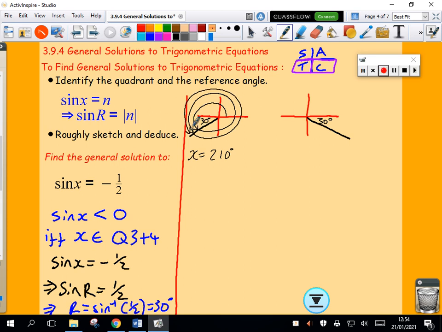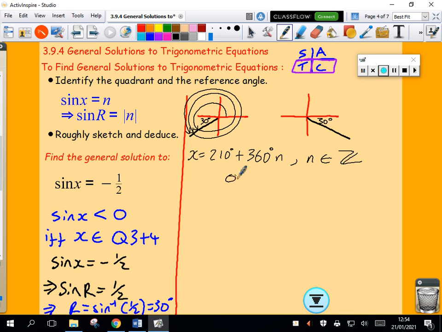And I'm going to hit it every time I rotate 360 around from there. So plus any multiple of 360, which I'm going to write as 360 degrees times n, where n is an integer, because it could be negative as well, going the other way.